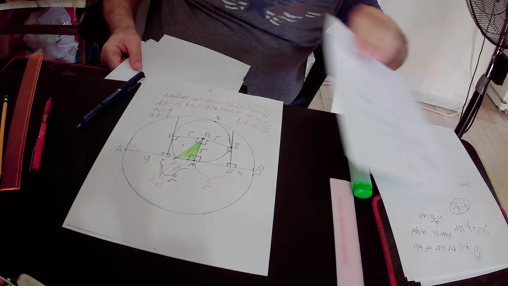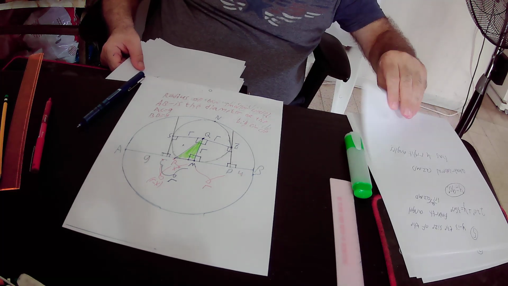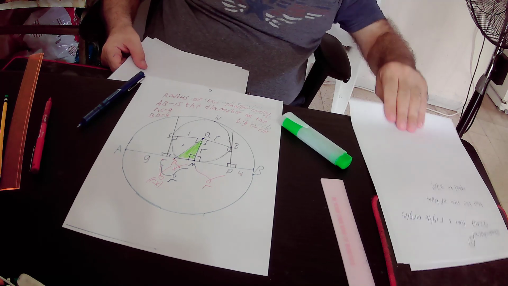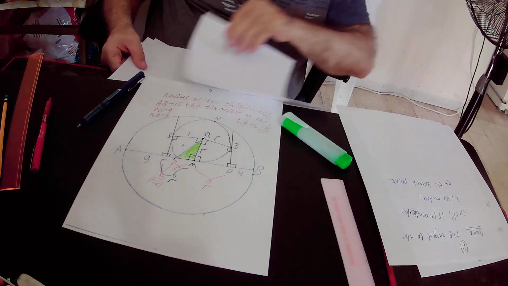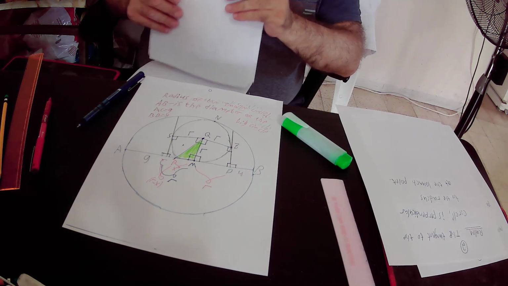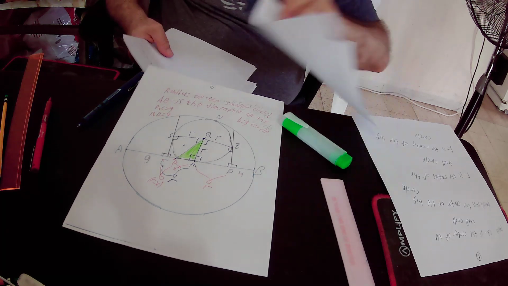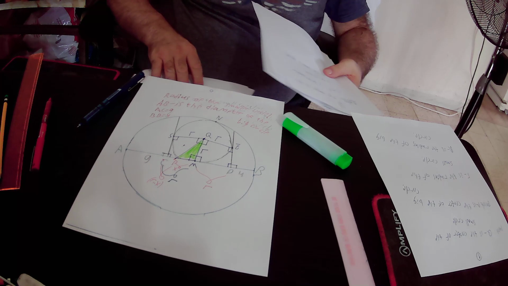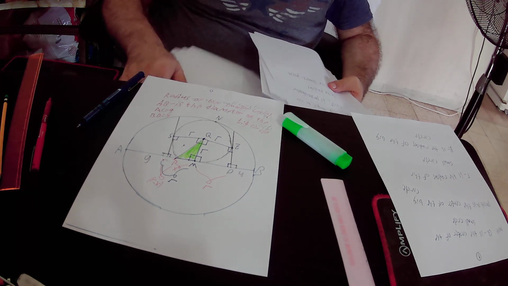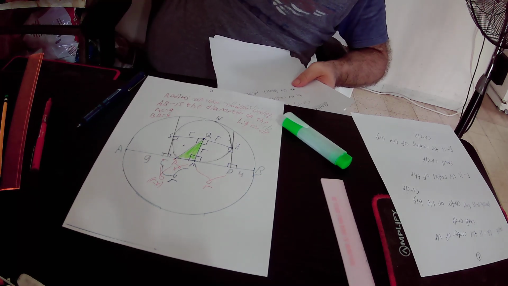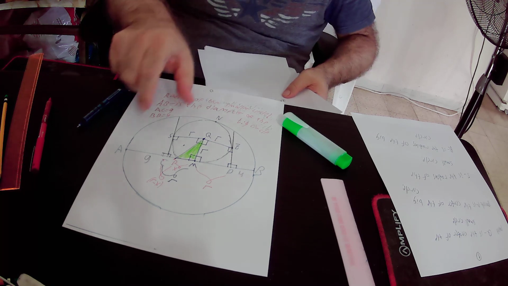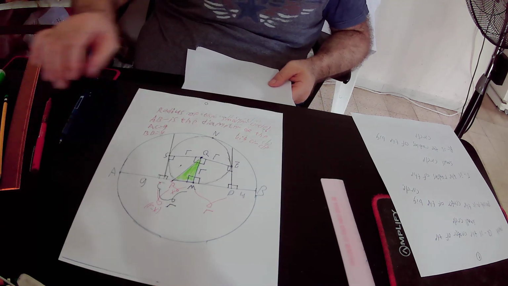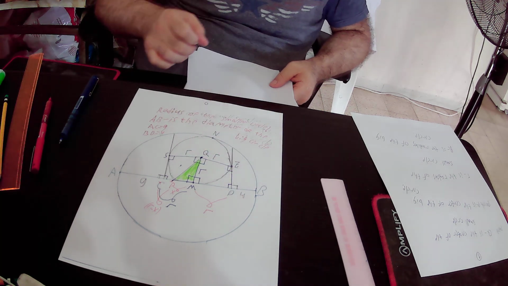We also know that AC equals 9 units and DB equals 4 units.